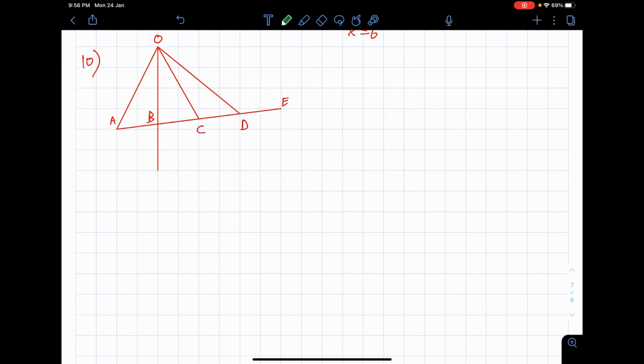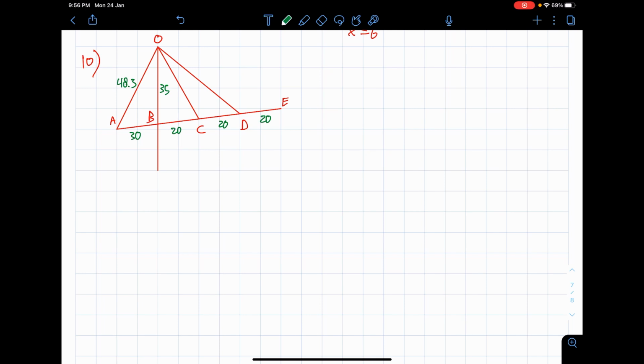Okay, they also have the lengths. I'll just use another color. The length of OB is 35. AB is 30. Not to scale, obviously. BC is 20. CD is 20. DE is 20. And OA is 48.3. Yeah, that's pretty much everything.